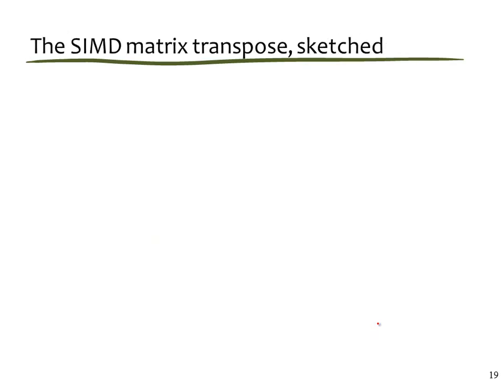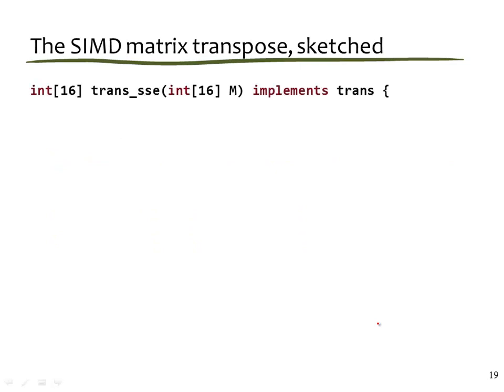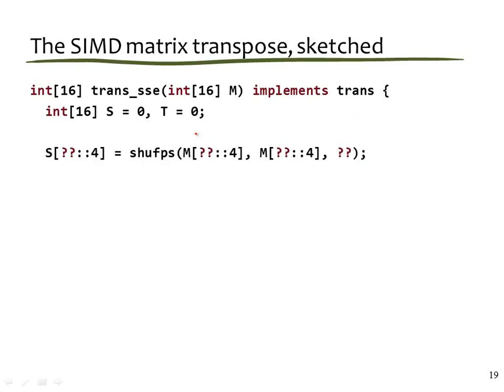Okay? So how is that insight expressed in this partial program? Well, here we have a definition of a sketch, it takes a matrix, outputs a matrix, and implements the specification you just saw, which was sequential. We create the target matrix and the intermediate matrix. And now this is the first phase. We perform some number of such instructions.